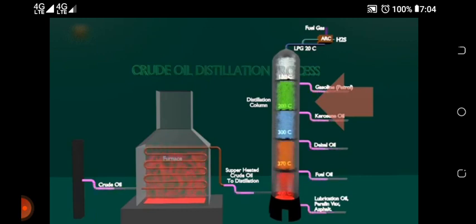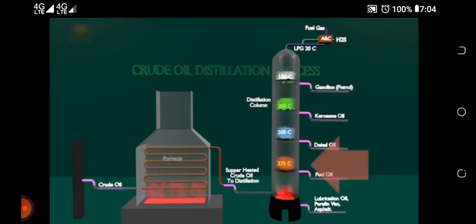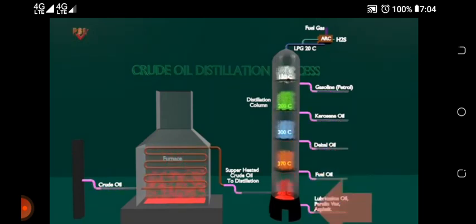Kerosene is generally treated and used as jet fuel. Heavier distillate streams are also treated and blended into finished diesel fuel or home heating oil or are further processed in conversion units such as fluidized catalytic cracking and hydrocracking. The routing of these streams will vary as product demand changes to either maximize diesel production or gasoline production. Lowest end of the column, asphalt.